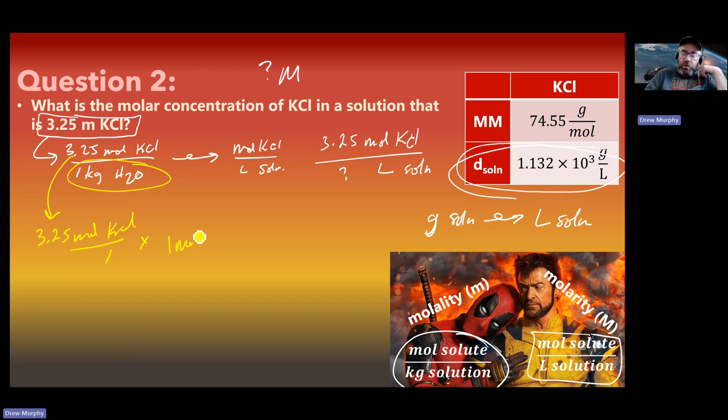We know that 1 mole of KCl, here's our molar mass of KCl, is 74.55 grams of KCl. So 3.25 times 74.55 is 242.288 grams of KCl.